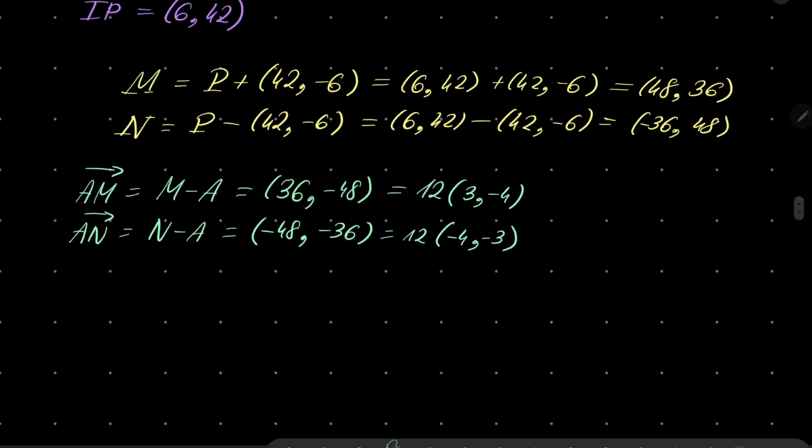Going along these vectors, we'll eventually reach our points. So we can write that point B can be written as point A plus some multiple of this vector. Let's maybe call it m.